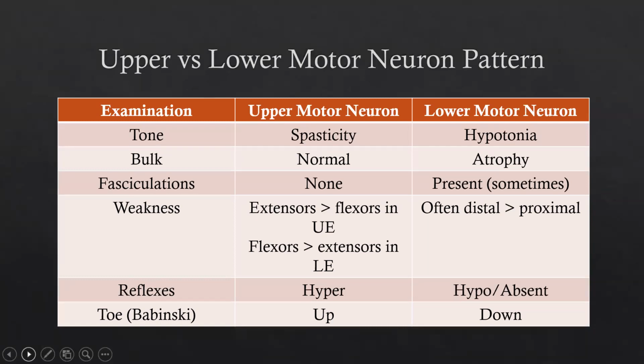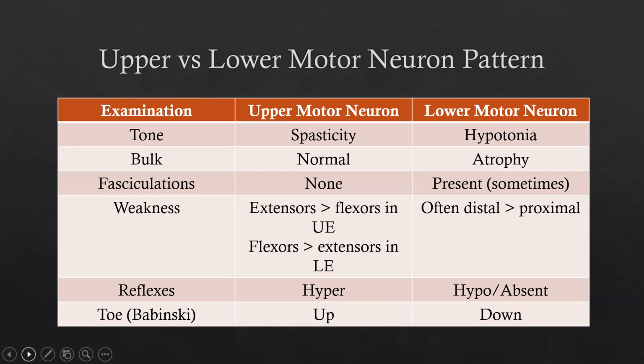Our patient had reduced tone, which is a feature of a lower motor neuron lesion, as opposed to spasticity, which is an upper motor neuron lesion pattern. Over time, in a lower motor neuron lesion you get muscle atrophy, whereas in an upper motor neuron lesion bulk is normal. Similarly, you get fasciculations in a lower motor neuron lesion, but not always, and there are no fasciculations in an upper motor neuron lesion.